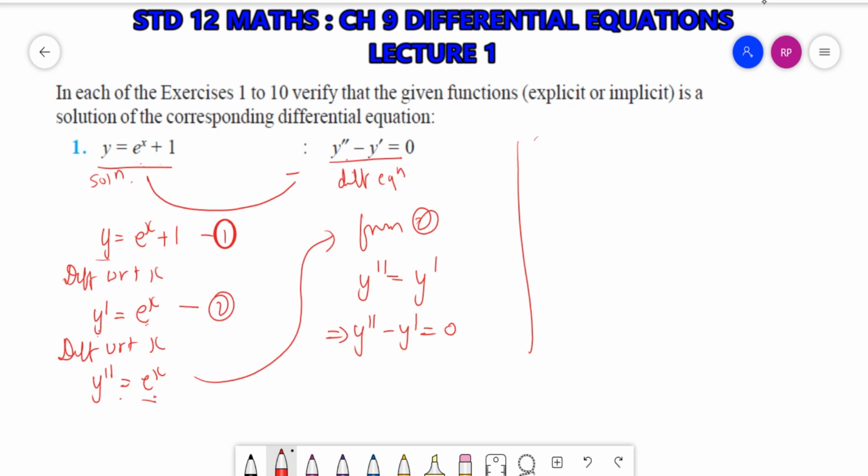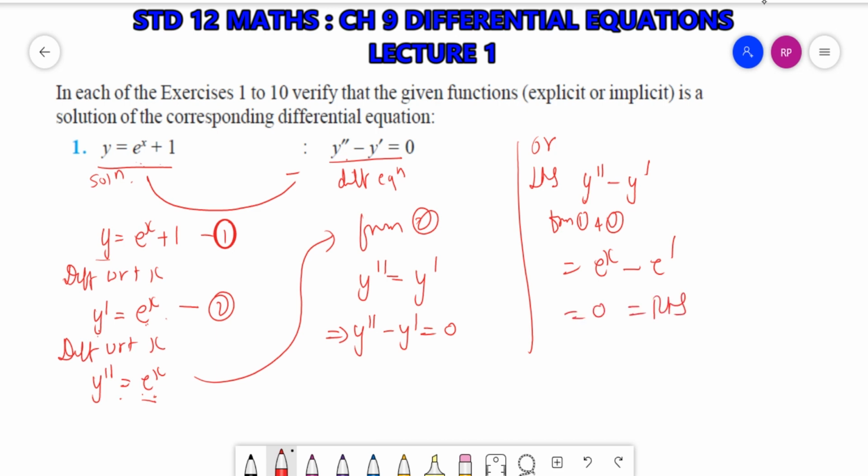You can use the other method also. In the differential equation, LHS is y double dash minus y dash. From 1 and 2, what is y double dash? e raised to x. Minus, what is y dash? e raised to x. This is equal to 0, and this is equal to RHS.